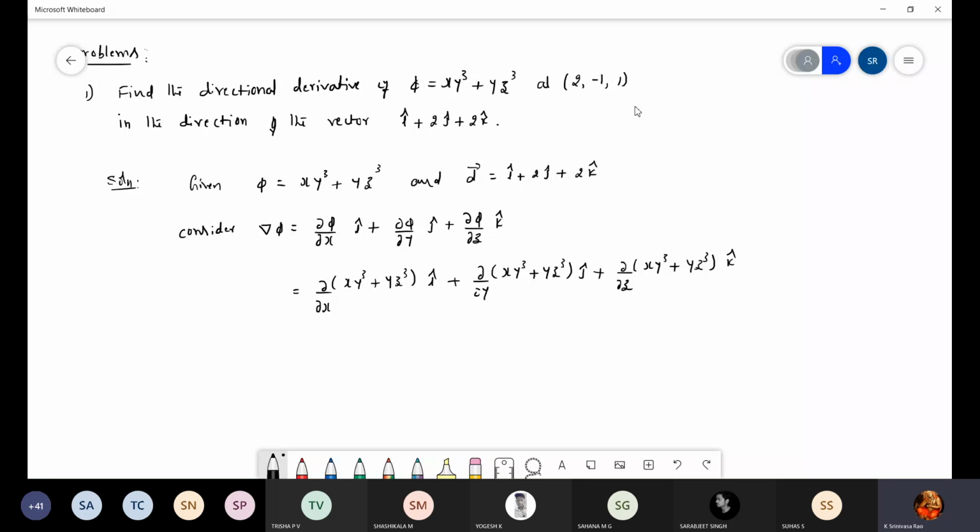So if you are perfect with the differentiation, partial derivative as well as the grad phi, you can avoid this step and write the direct answer. Okay, so now that is equal to, yes, partially differentiate with respect to x. What you will get? First term y cube. Is it right? X is 1.